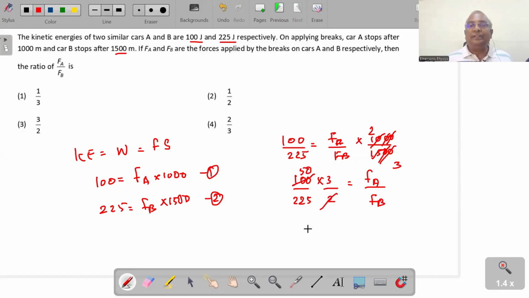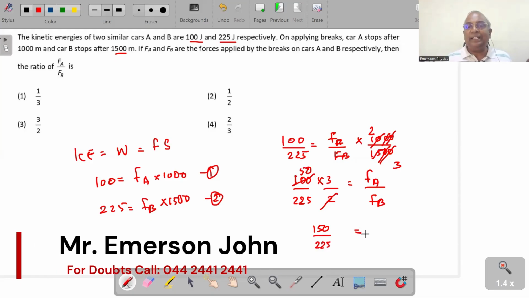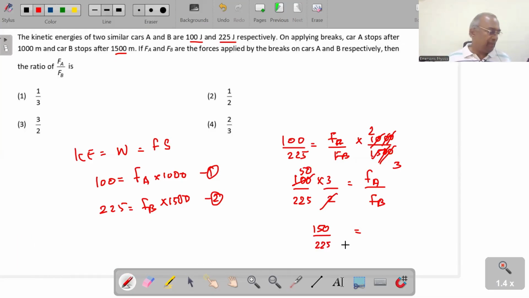So 3 into 50, 150 divided by 225. We can cancel it with 25. So 6 by 9, which can be calculated as FA by FB, which is 2 by 3. The answer is 2 by 3. So answer is 2 by 3.